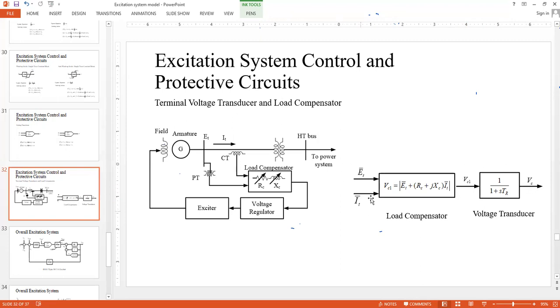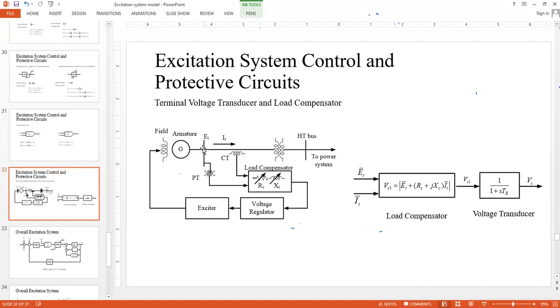Again, if you're only interested in ET and IT, that means if you're only interested in controlling the terminal voltage of the generator, then in that case, you simply make RC and XC equal to 0. So VC1 will again become ET. So ultimately, you get ET equals VC. Okay. If you neglect the time constant here, and if you are interested in controlling the actual terminal voltage of the generator, your interest is not on any other voltage here or here.